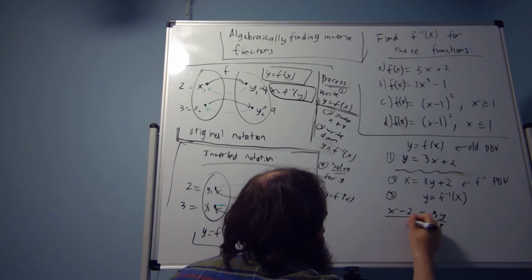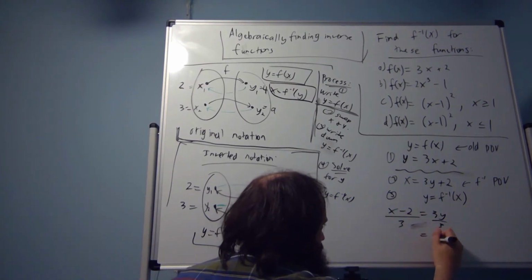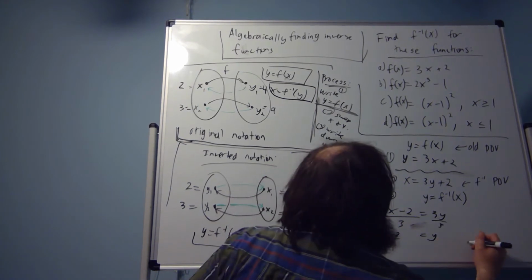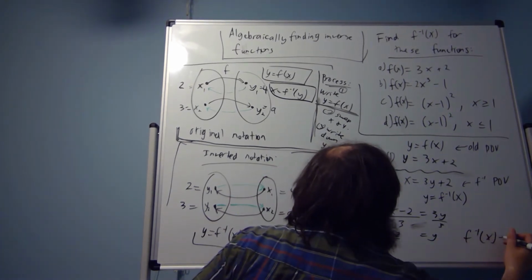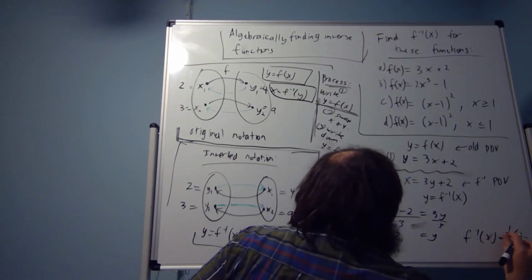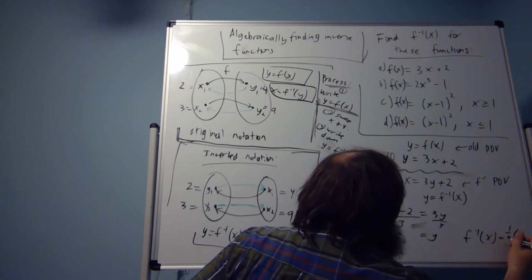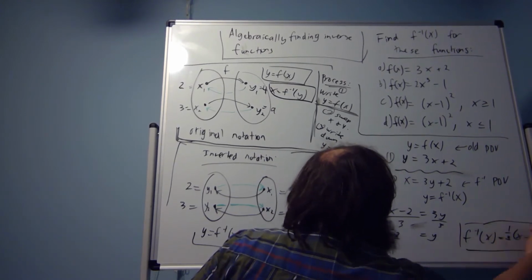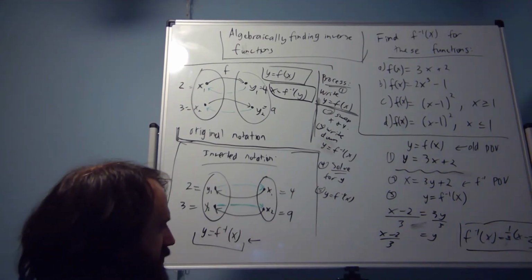So remember, divide the whole thing by 3, which means that y is equal to x minus 2 divided by 3. That's your answer to problem A.